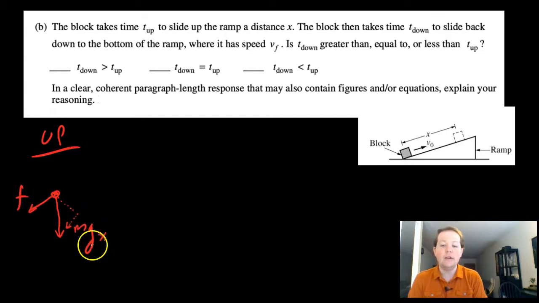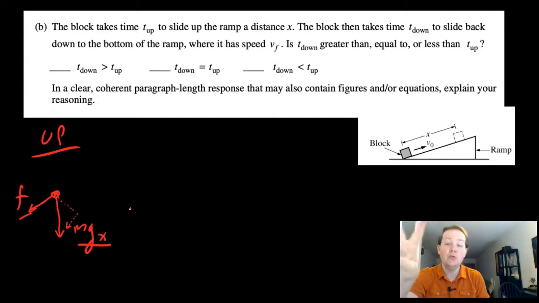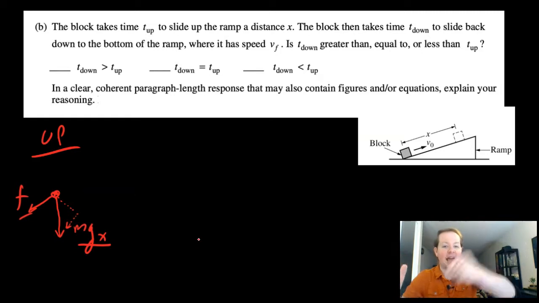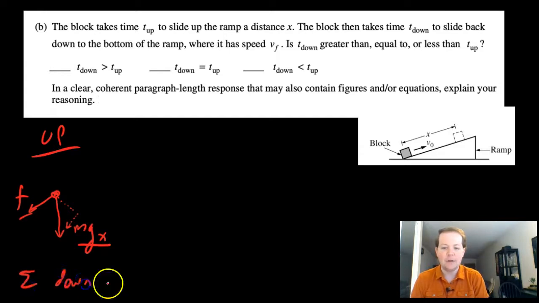There's a component of weight acting down the ramp. So when the block is sliding upwards, there are two forces acting down the ramp. There's a net force down the ramp of these two, okay?